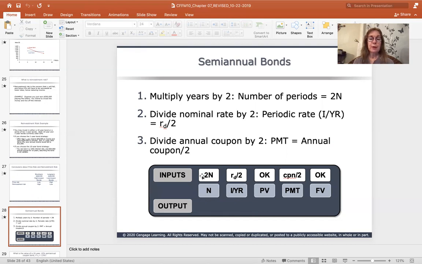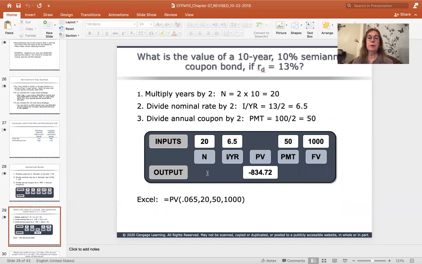You have to multiply the number of years by 2. If they give you the I-Y, the rate of return interest rate, you've got to divide that by 2. The coupon payment has to be divided by 2. So remember, coupon payment divided by 2, I-Y divided by 2, and you multiply n times 2 in order to calculate a semi-annual coupon bond.